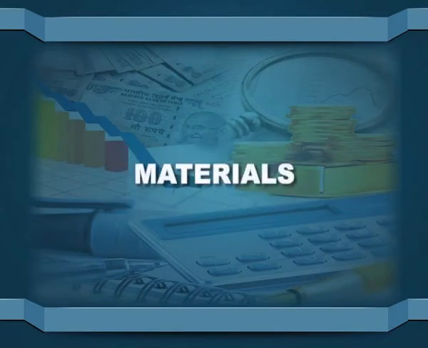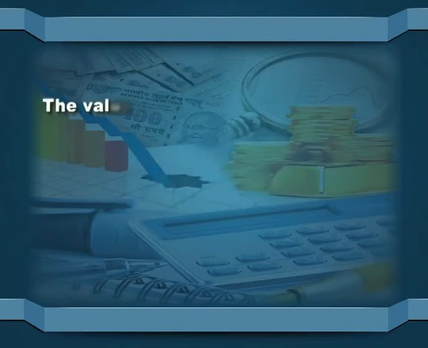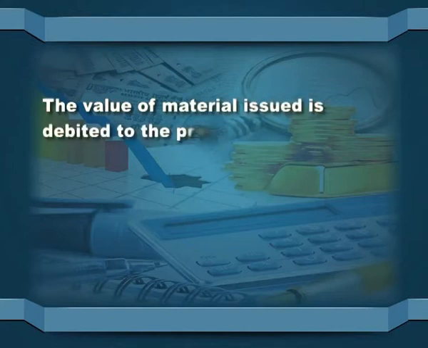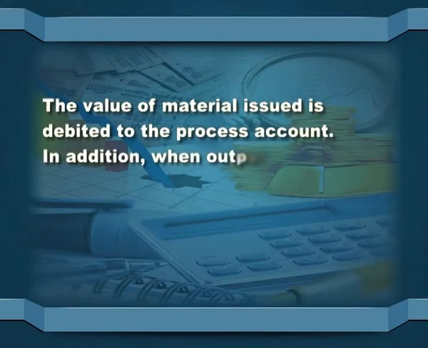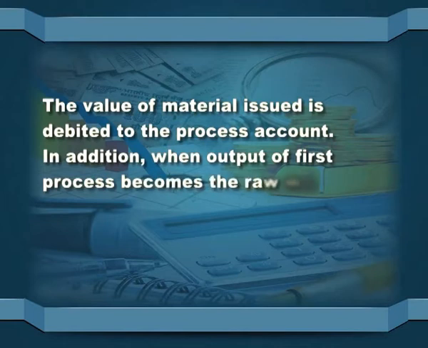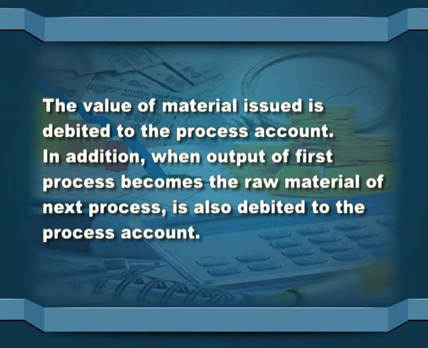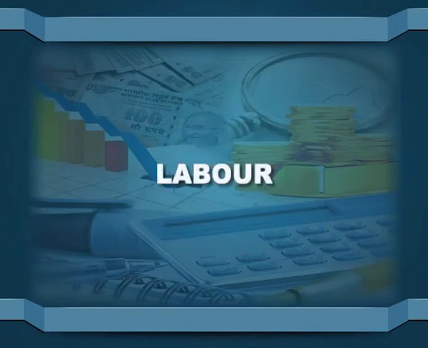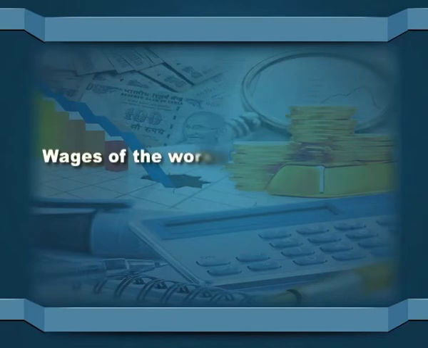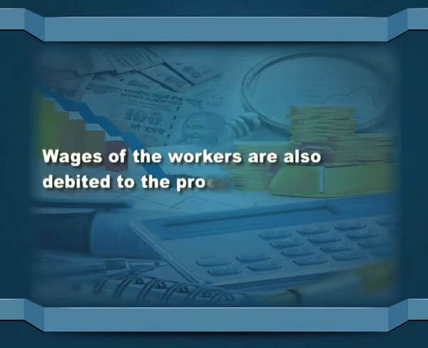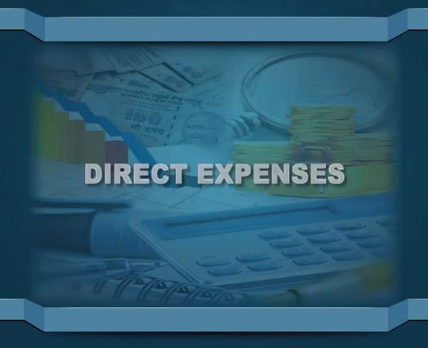Number 1. Materials. The value of material issued is debited to the process account. In addition, when output of first process becomes the raw material of the next process, it is also debited to the process account. Number 2. Labor. Wages of the workers are also debited to the process account. Number 3. Direct expenses.